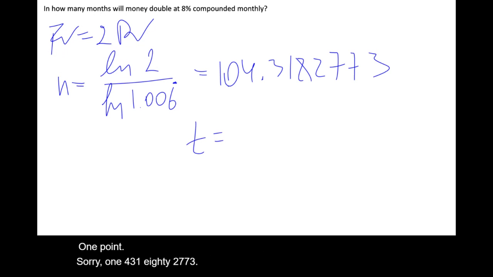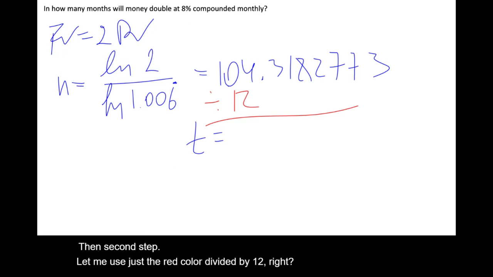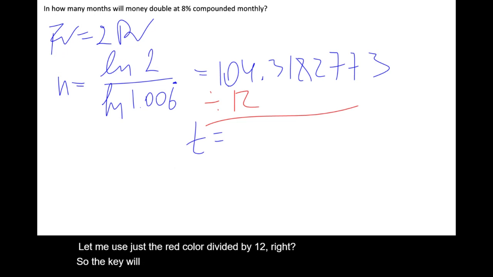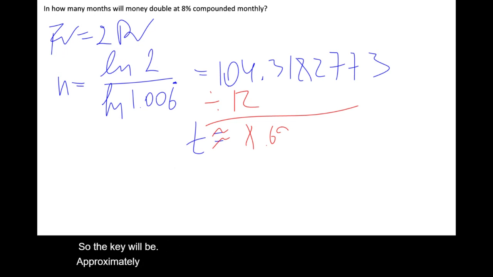Then second step, divided by 12, right? So t will be approximately 8.69 years.